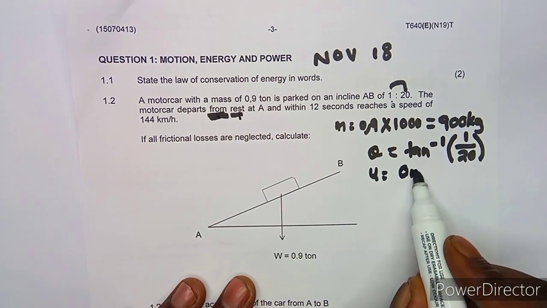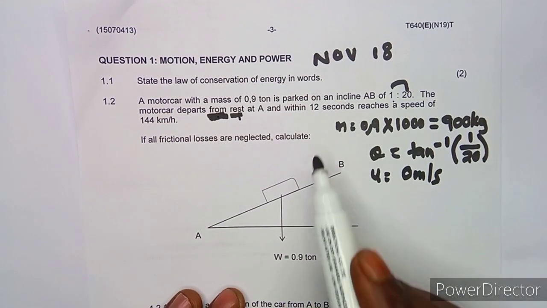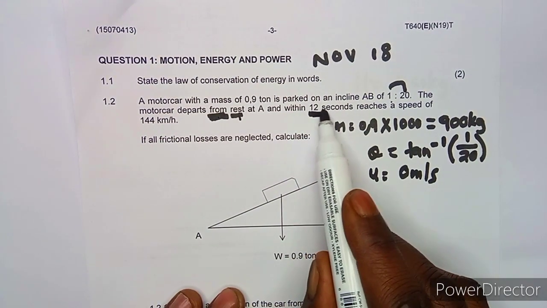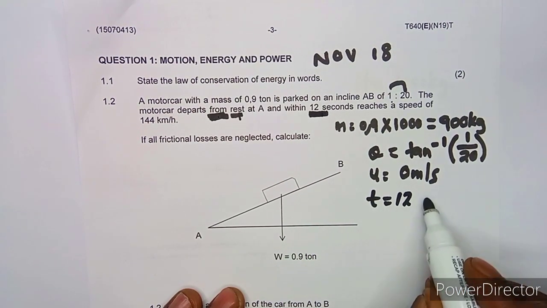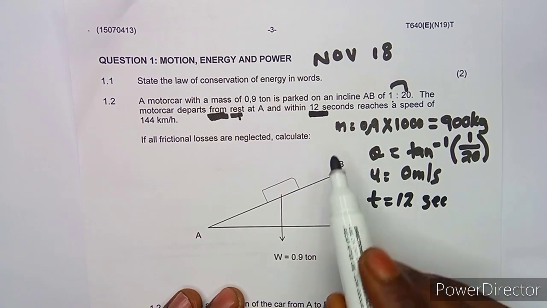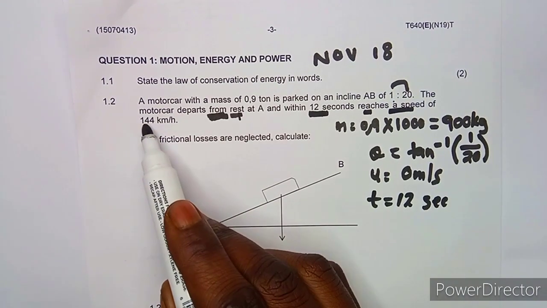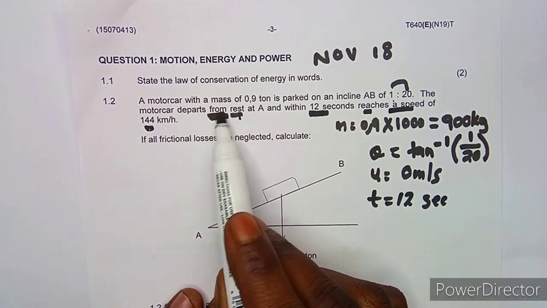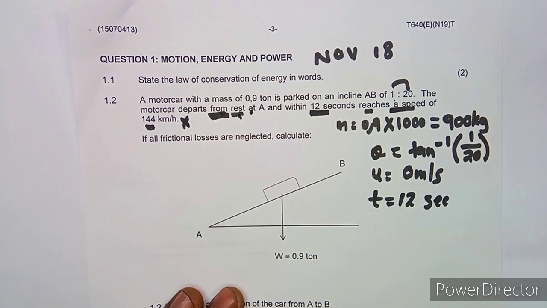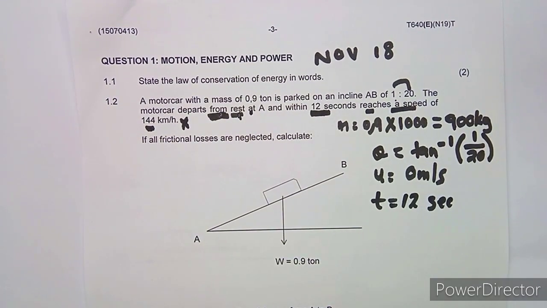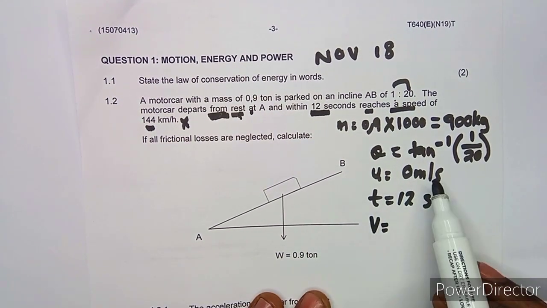It means the velocity at the starting point is 0 meters per second. Then within 12 seconds, so we are also given the time of 12 seconds, it reaches a speed of 144 kilometers per hour. That is our final velocity, but we have to write this in meters per second.